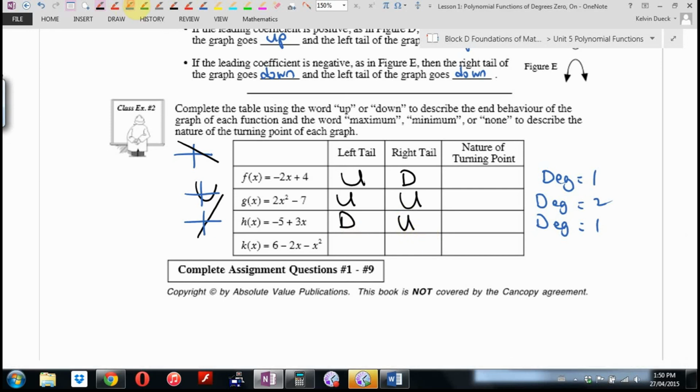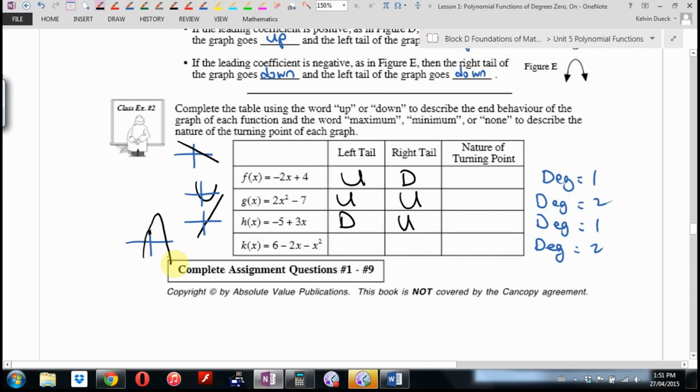What's the degree of this last one? Oh, quadratic. What shape is that then? Opening which way? How do you know? By the way, what would the y-intercept of this one be? 6. So it probably looks something like that.